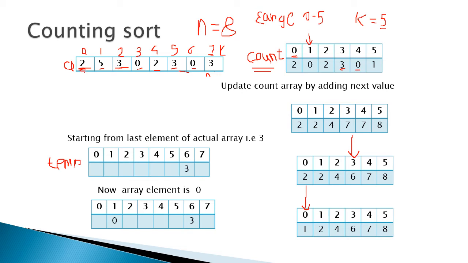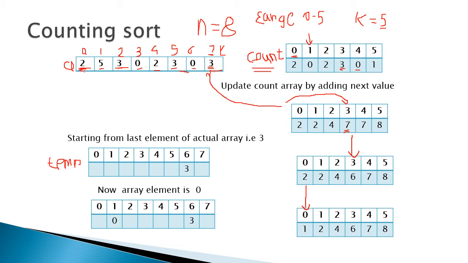The value of the last index is 3. Then go to the updated count array at index 3. The value in the count array at index 3 is 7.